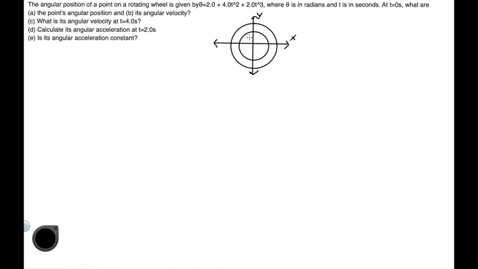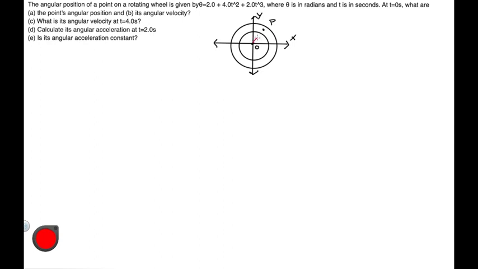Now let's go ahead and draw a point on top of our wheel. Let's call this point right here point P. And now let's draw a line connecting point P to the center of the wheel, and let's call this point the origin, or O for short. I'll draw it in red.